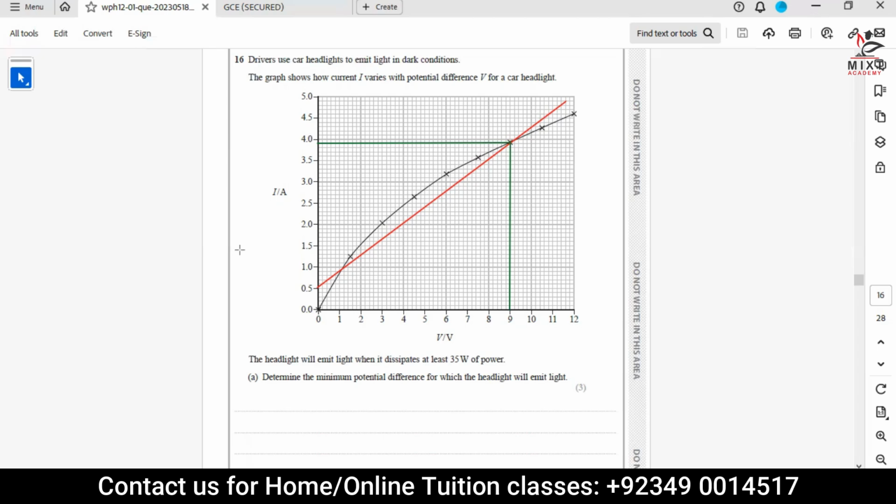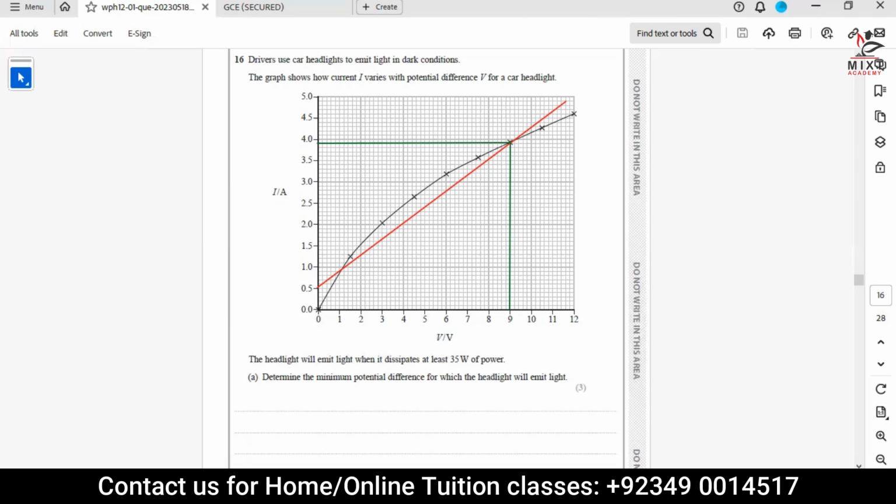Aisha, can you tell me why we have taken the best fit line? We cannot find the power without the best fit line. What do you think? The answer will be more accurate. Exactly. So the best fit line is taken because your answer will be more accurate.